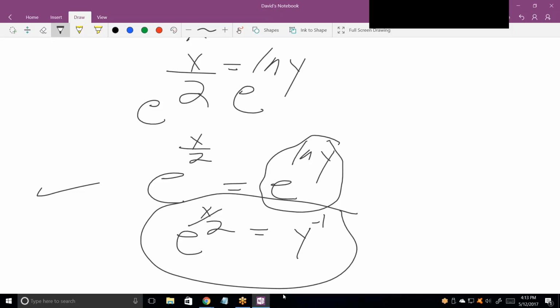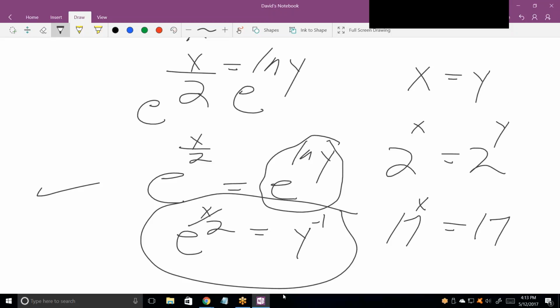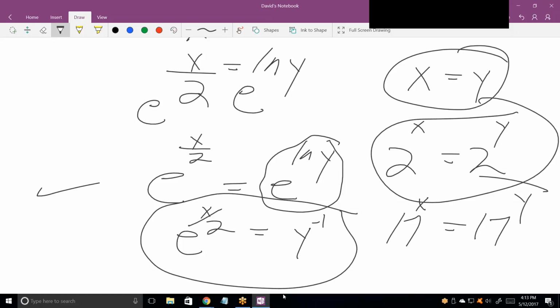In other words, if I told you x equals y, well, I could say 2 to the x must equal 2 to the y. Or I could say 17 to the x equals 17 to the y. As long as you tell me that, all of these are true.